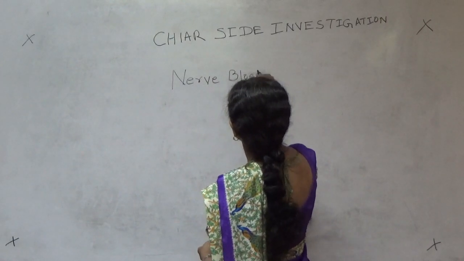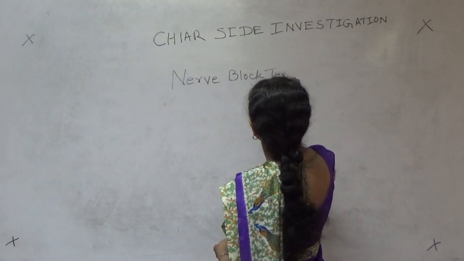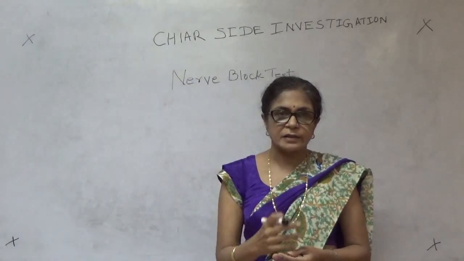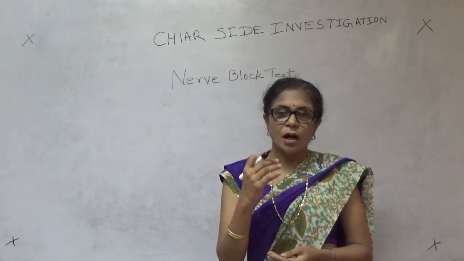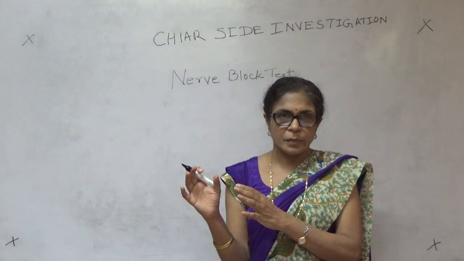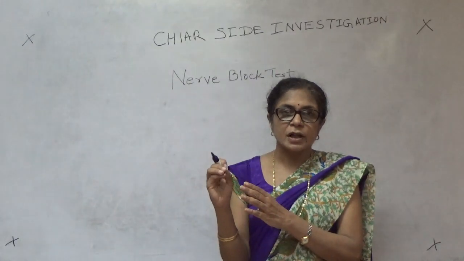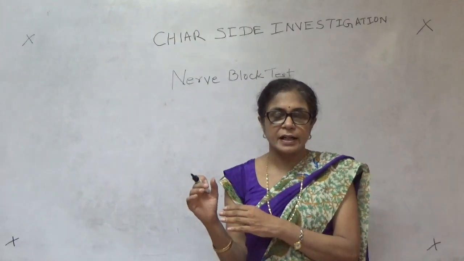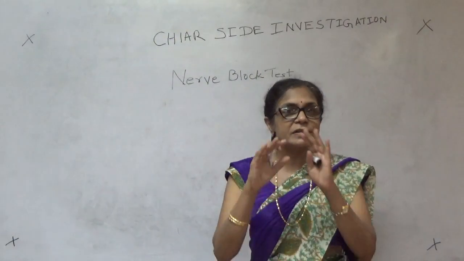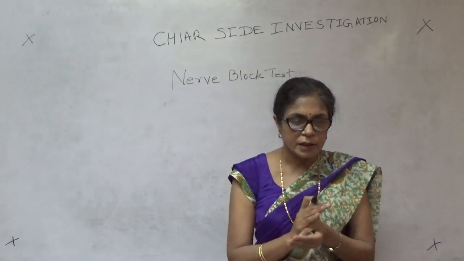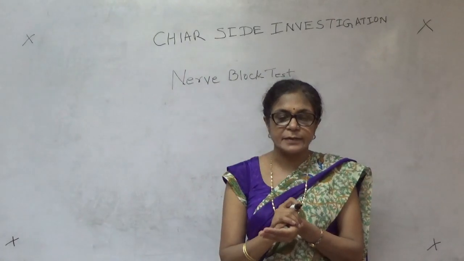In that, we give a block: mandibular, maxillary, or trigeminal, mostly used in trigeminal pain. We block the trigeminal nerve and see if pain is still there. If pain is still there, that means that nerve is not involved. So we go for the diagnostic nerve block test.